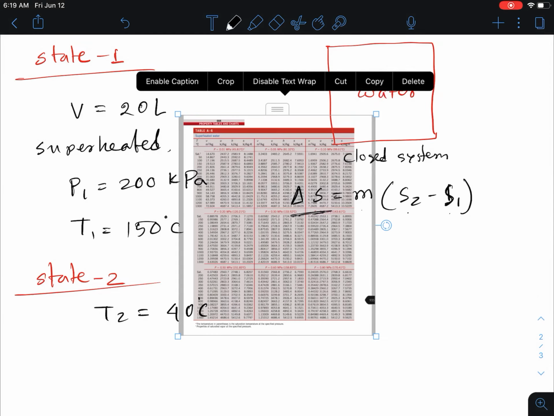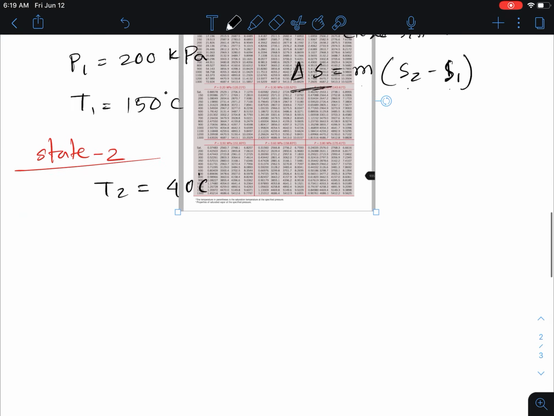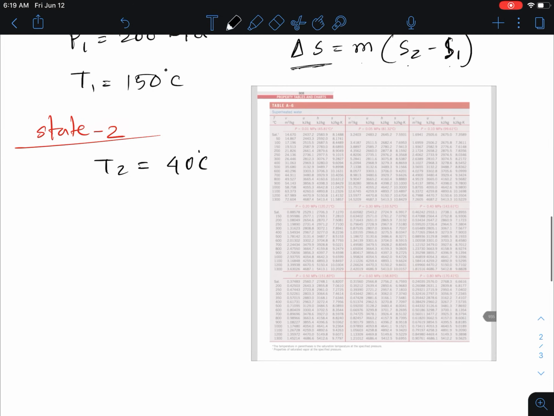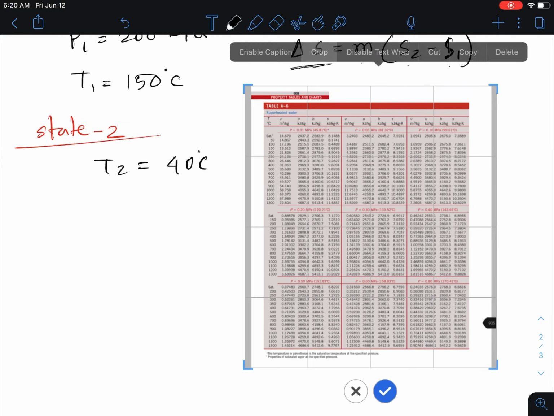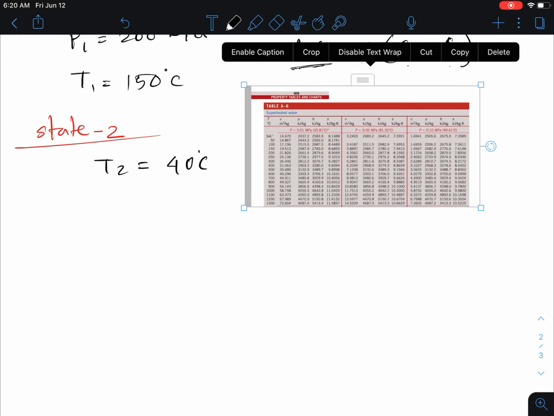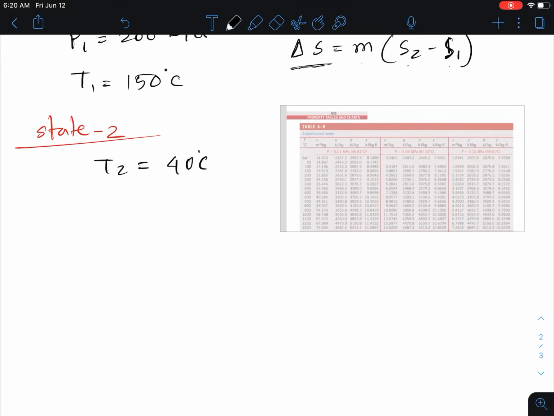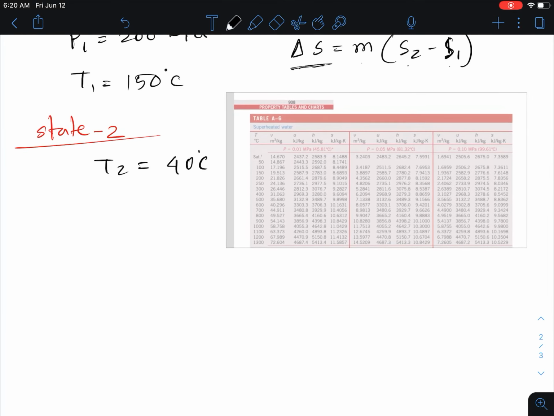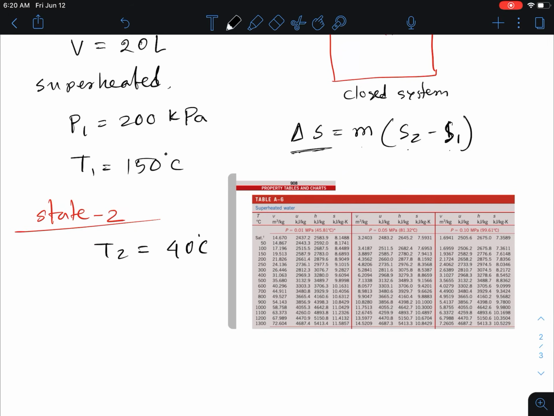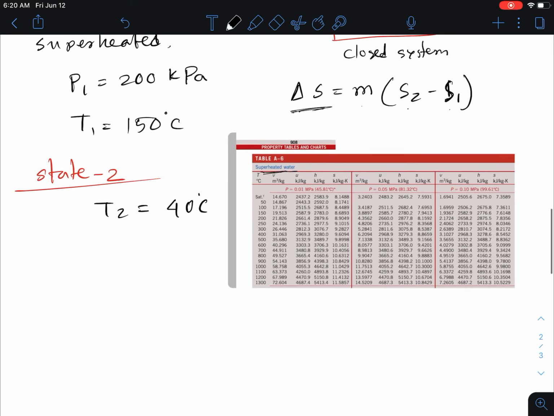I'm bringing this table just to have your reference. So this table, you can see it's a superheated water, and we have the superheated water condition at 200 kilopascal.